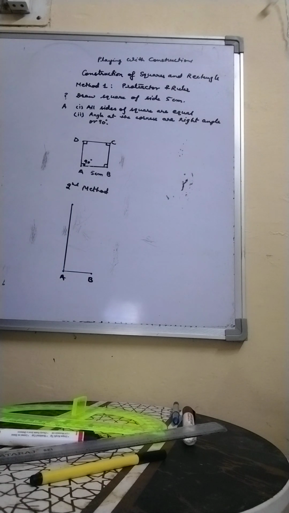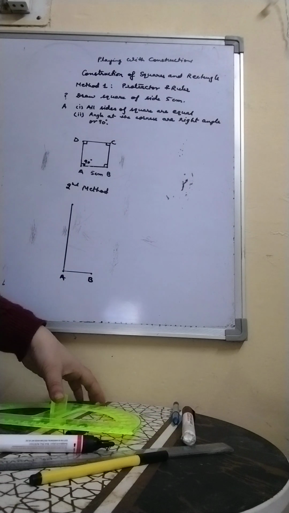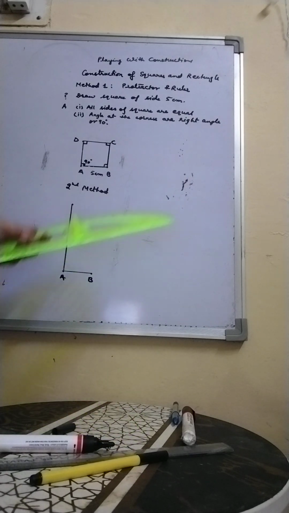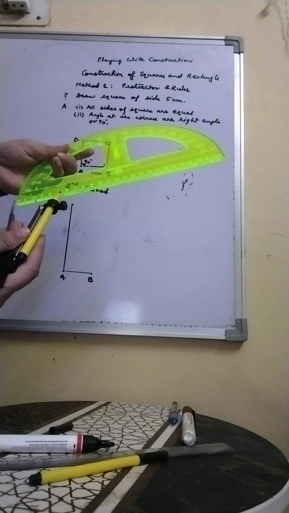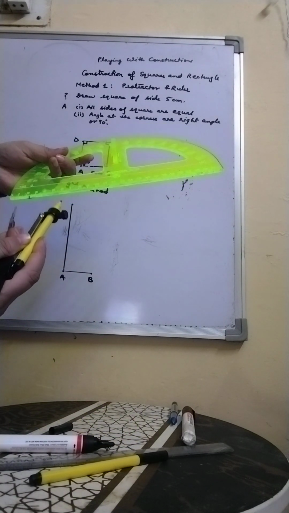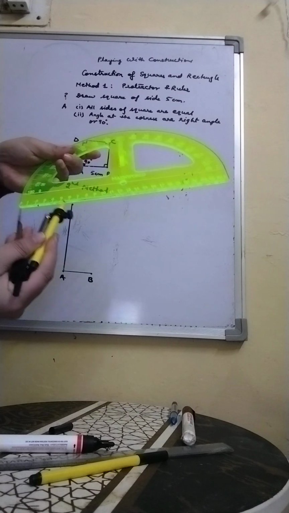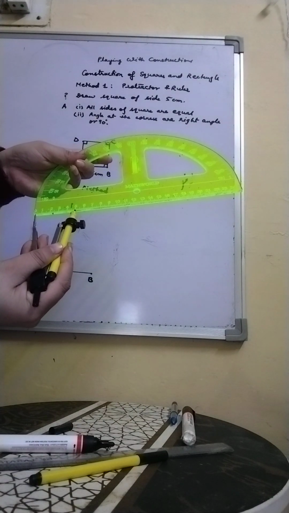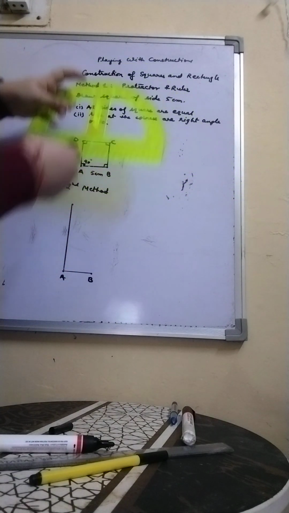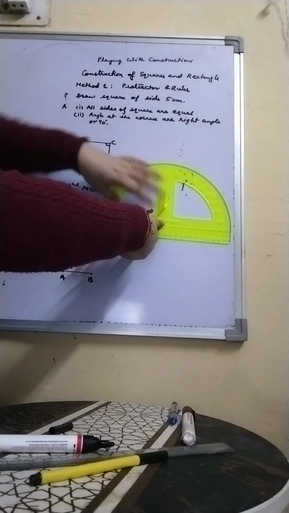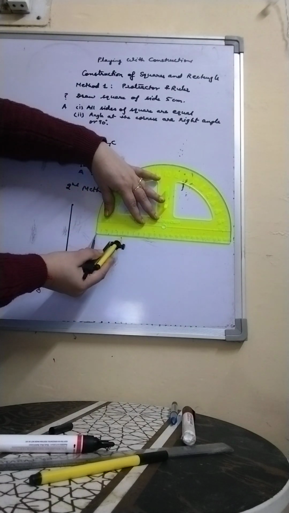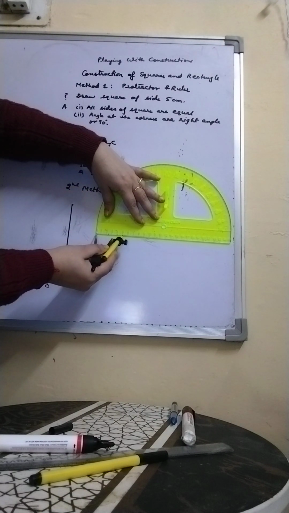So what I would do, I would open the compass starting from 0. I will go till 5. So see here, starting from 0 I will go till 5.